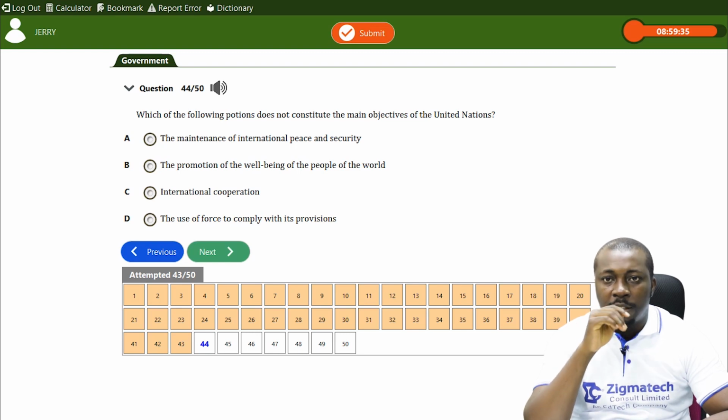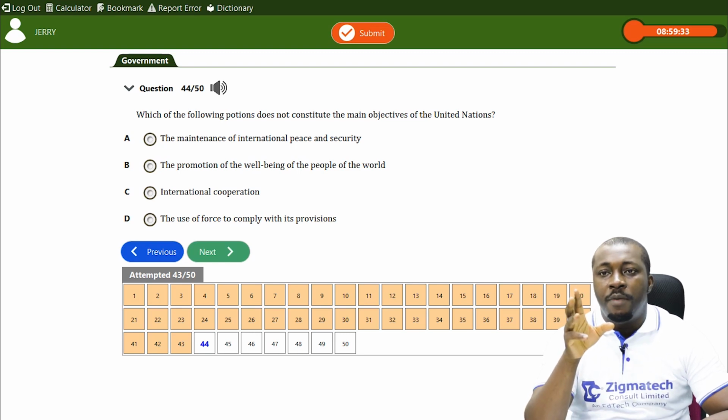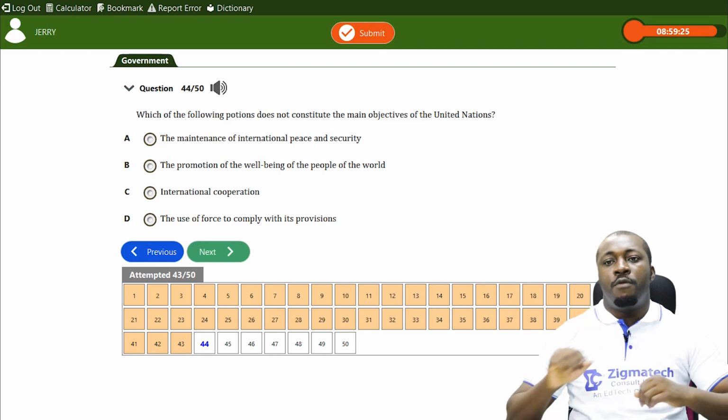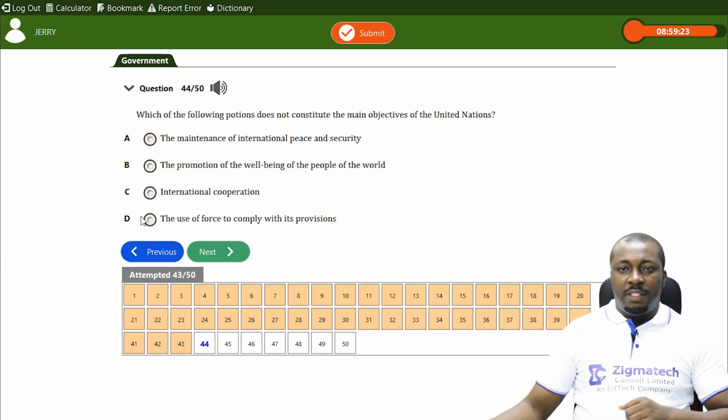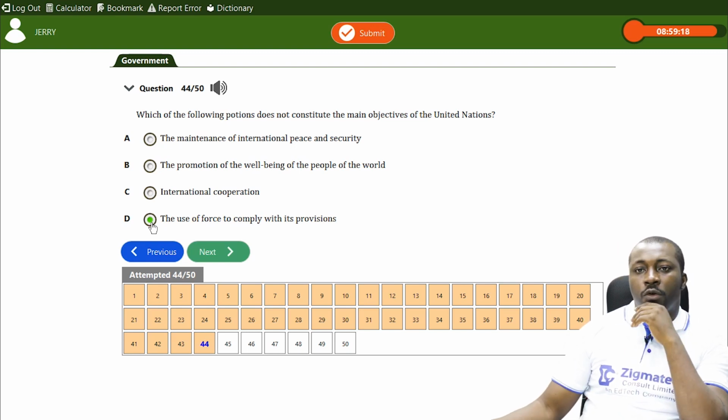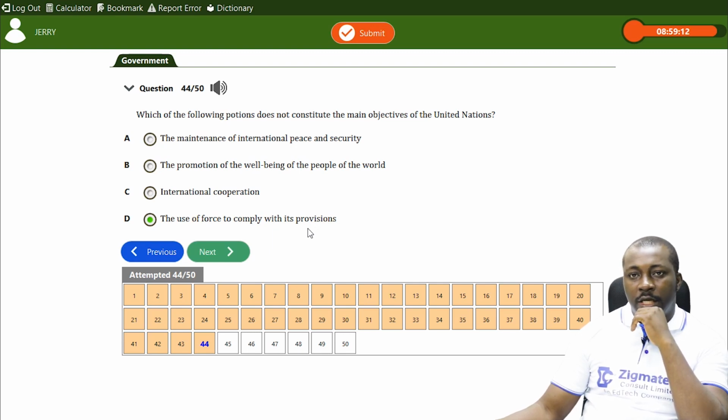So it can't be the answer. B, promotion of the well-being of the people of the world. C, international cooperation. D, the use of force to comply with its provisions. Of course, D, which is the use of force to comply with its provisions, is not the reason for the establishment of United Nations.